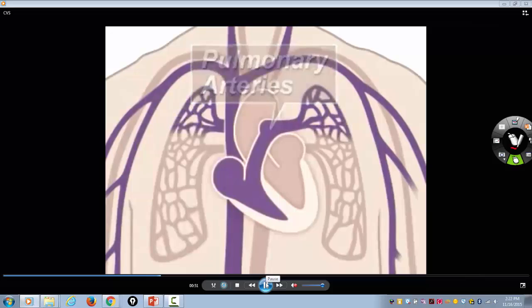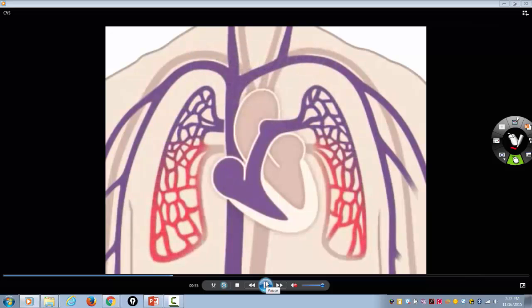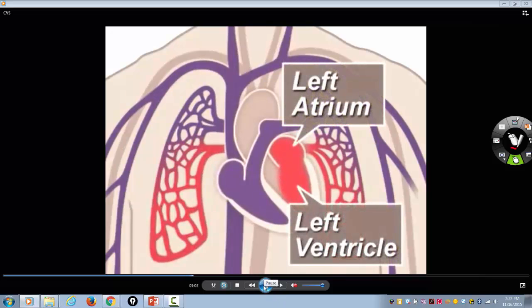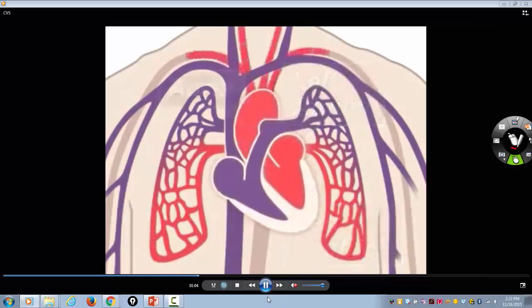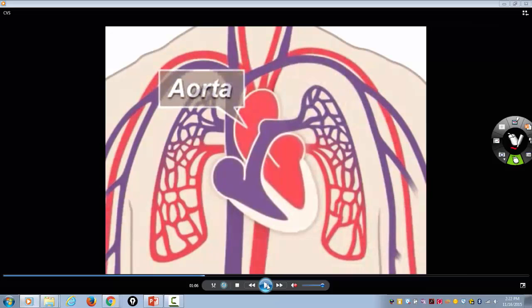And then in the pulmonary capillaries, the PO2 is going to increase, so the oxygen binding to that iron on hemoglobin is going to increase. And all of that newly oxygenated blood from the lungs is going to come back through the left and right pulmonary veins to the left atrium, mitral valve, left ventricle. Left ventricle is going to contract and send that oxygenated blood down to the cells of the body.